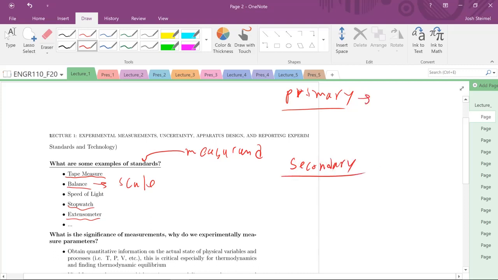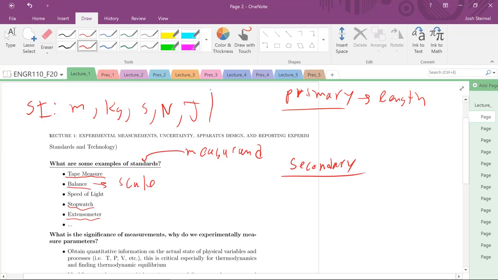So primary standards really define, for example, we're looking for the primary standard for length. So in this course, we always use SI units. If you see any measurement that's not SI, you always convert. So we're going to be looking at meters, kilograms, seconds, newtons, joules, et cetera.